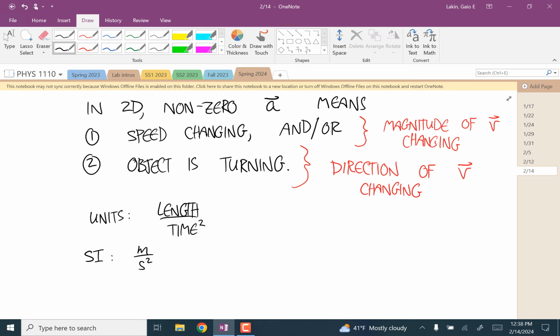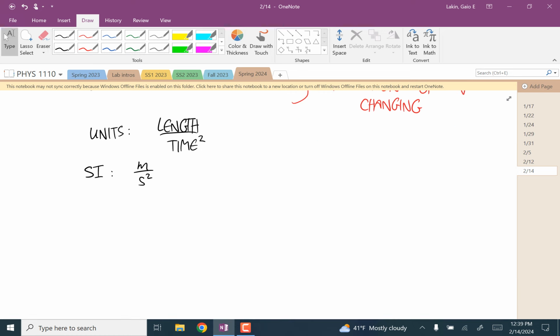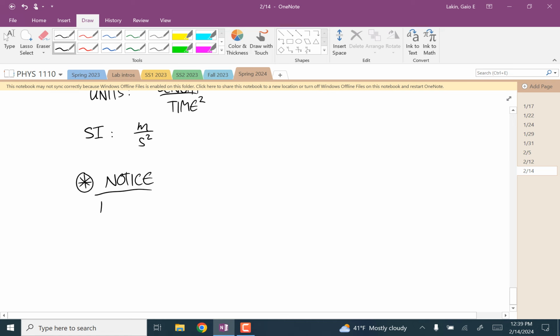Okay, there's one thing I want you to notice about acceleration. In free fall and projectile motion problems, I am always going to do this, and I think you probably should too.